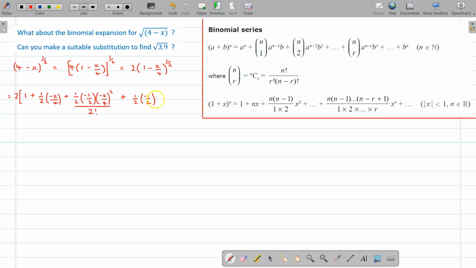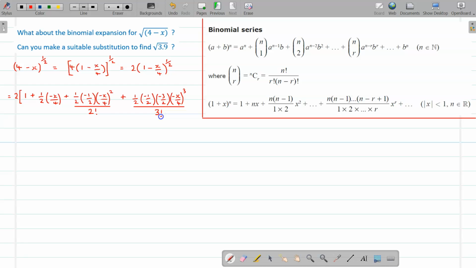So n minus 1, now I've got to do n minus 2, so it's going to be minus 3 over 2. Okay, then it's going to be the value of x, which of course is x over 4, minus x over 4 cubed, and all of that is going to go over the factorial of 3. In other words, over 1 times 2 times 3, or over 6.